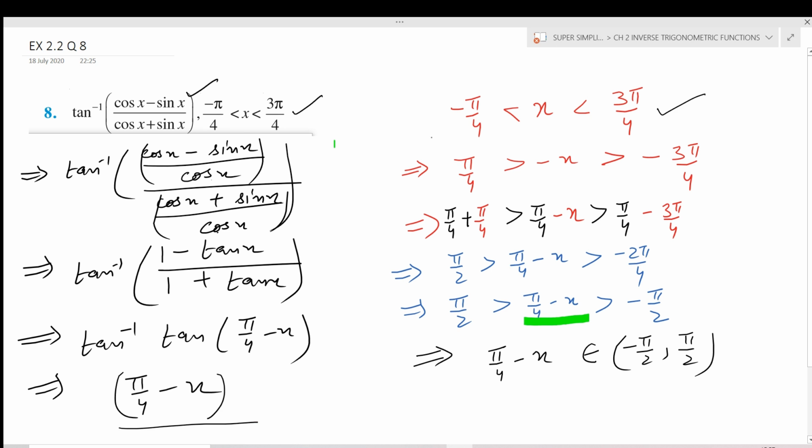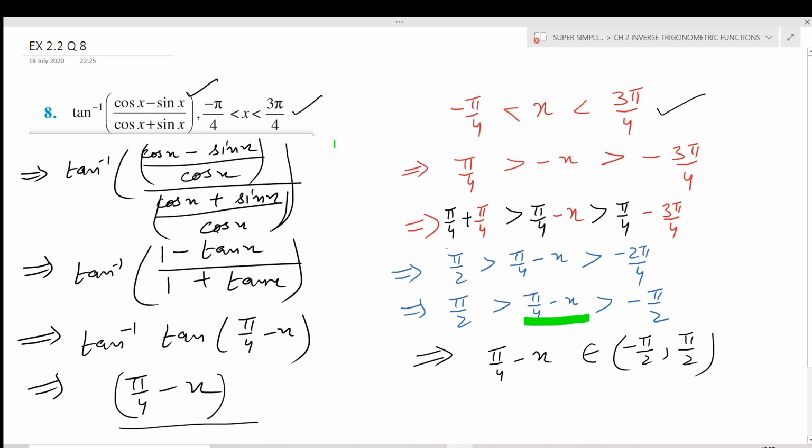Now, if you change the signs of every term in this inequality, then the inequality reverts. Means, if you change minus pi by 4 to plus pi by 4, plus x to minus x, and plus 3 pi by 4 to minus 3 pi by 4, these two signs of greater than become less than. These two signs revert.